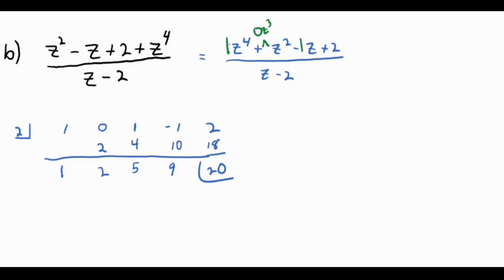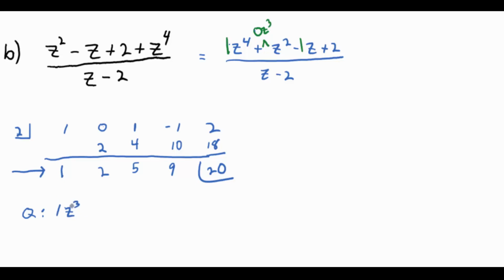Now, we started out, what was the degree of the polynomial we started out with? Degree 4. So this quotient that we ended up with is going to be what? Degree 3. And these are your coefficients in order. So we're going to have 1 times z cubed, 1 times z, normally I wouldn't put in the 1, but just to show you what I'm doing.